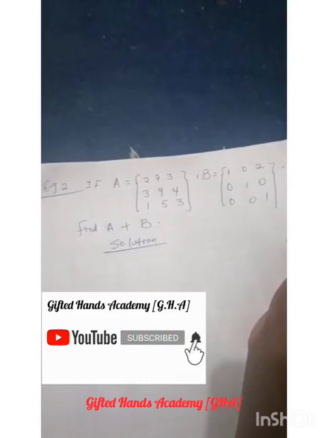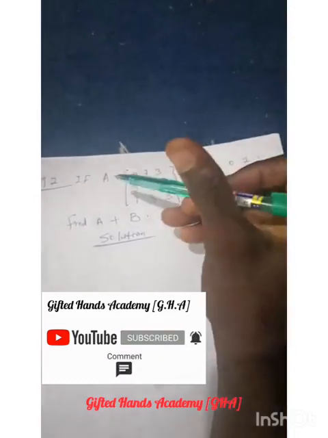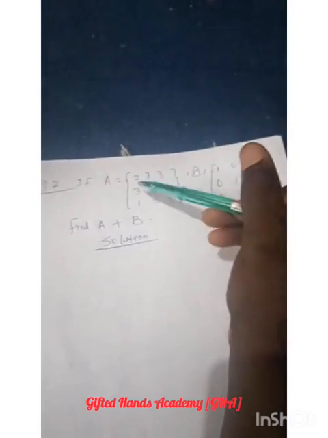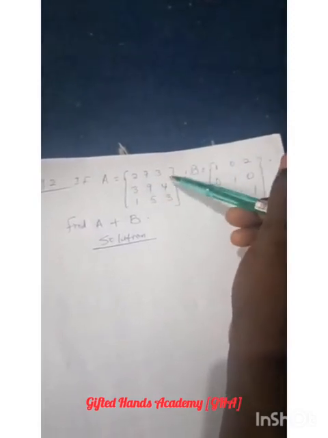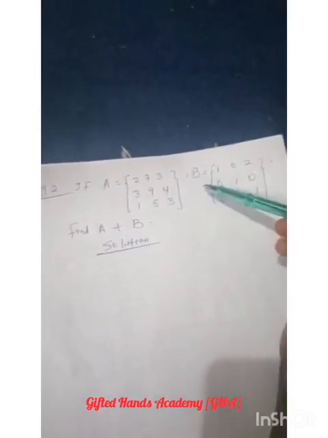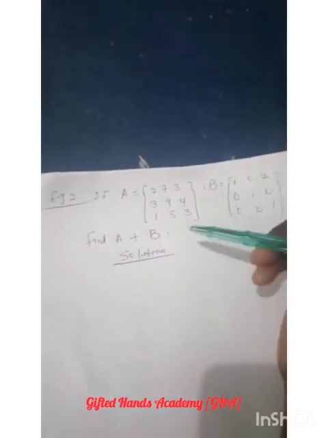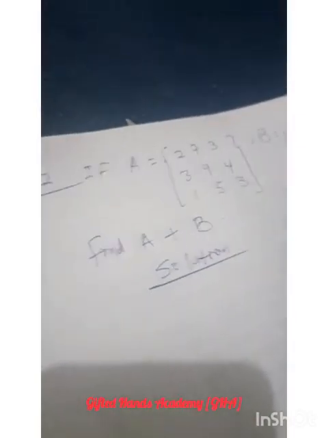So I have a 3 by 3 matrix. A, we have 2 3 1 7 9 5 3 4 3. Then for matrix B, I have 1 0 0 0 1 0 2 0 1. Then I said find A plus B. So let's follow more closely.